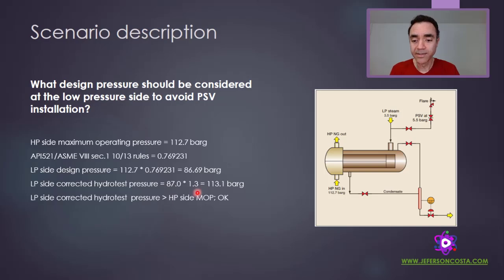So if I compare the maximum operating pressure with the hydro test pressure, I can verify that the hydro test pressure is higher than the maximum operating pressure in the high pressure side. Because of that, I don't need to have the PSV in the lower pressure side.